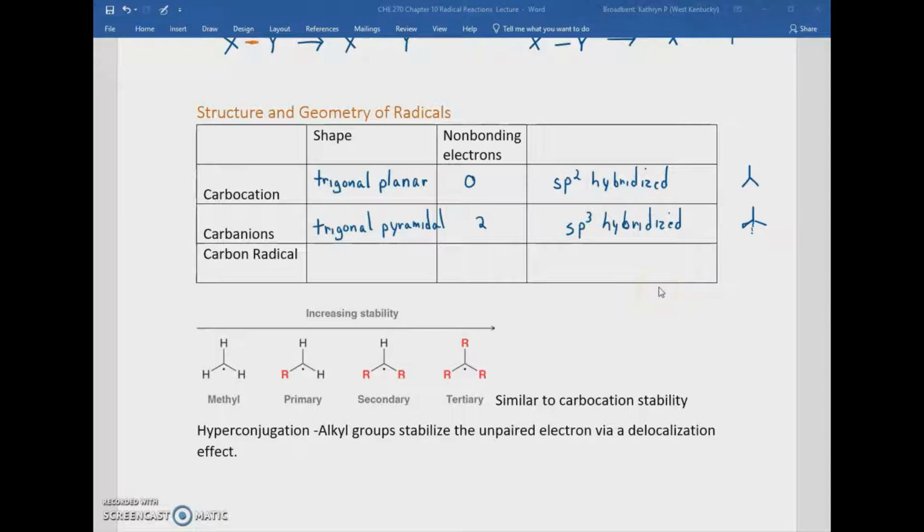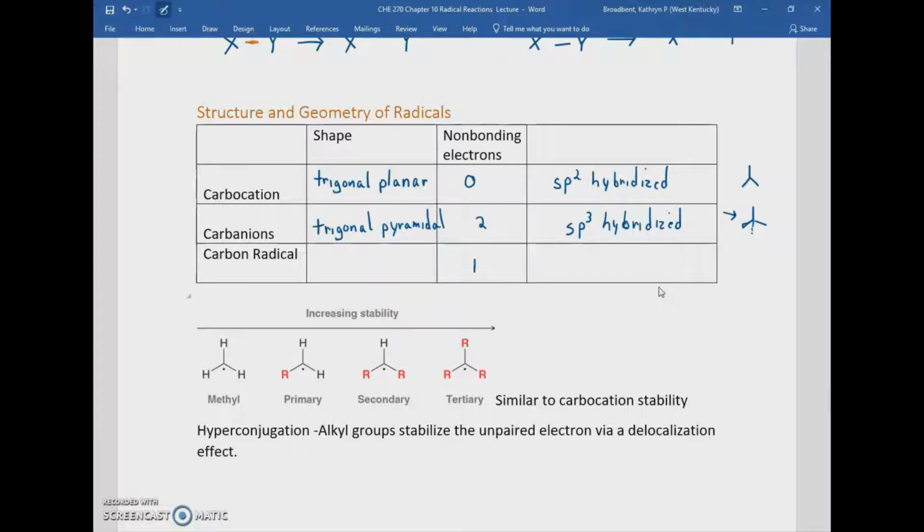It has 2 non-bonding electrons and is sp3 hybridized and has this structure here with 2 bonds in the plane, one in front and one behind. Okay, the carbon radical is going to be mostly trigonal planar.